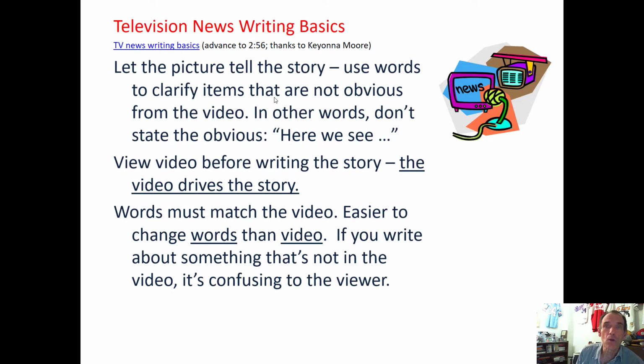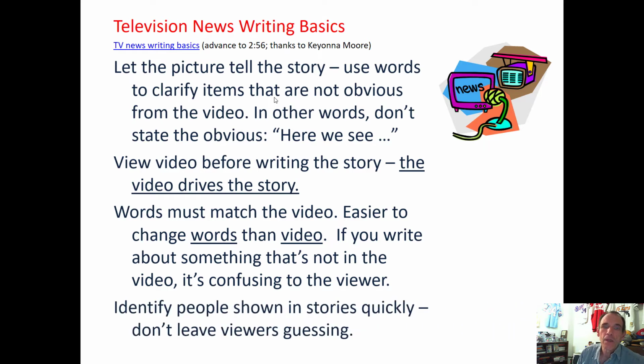If the viewer sees a tree for whatever reason, then you should make reference to the tree. You don't want to say, here we see a tree. Here we see a truck. You mention the truck, you mention the tree, so that the viewer remains oriented to what you're showing the viewer, and the words match up with the pictures.